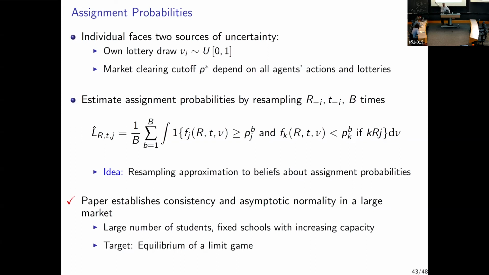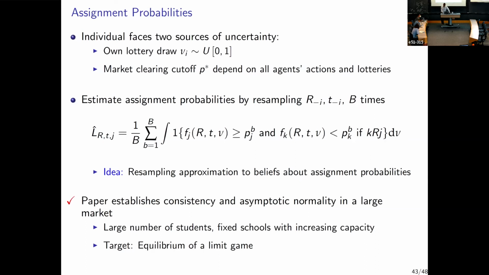So this continuous market economy that Irene was talking about, we use that to say that these lotteries are going to converge. If everything is sufficiently large, we're going to be pretty close to that particular lottery vector.